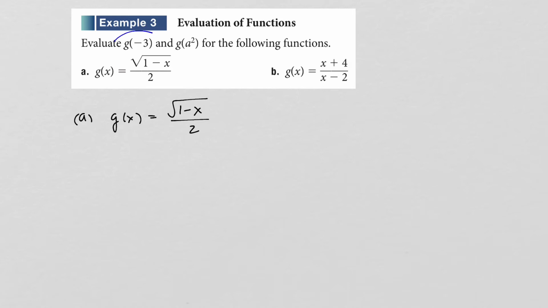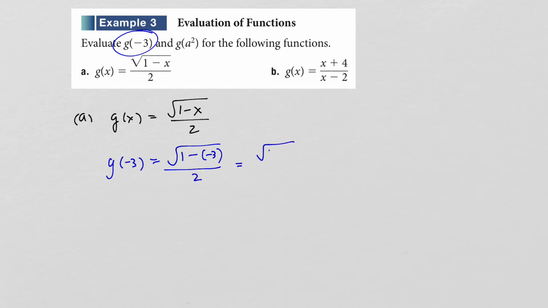So when they ask us to do g of negative 3, again, we are just replacing x with negative 3. So that means I'm going to plug negative 3 in for x on the other side. So when I do that, that's going to give us the square root of 1 take away negative 3, quantity divided by 2.